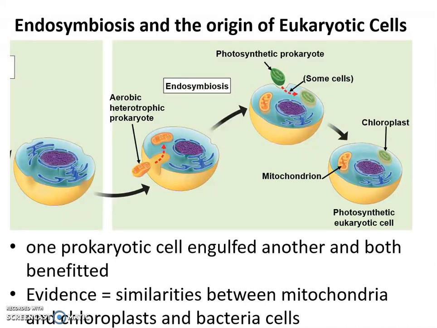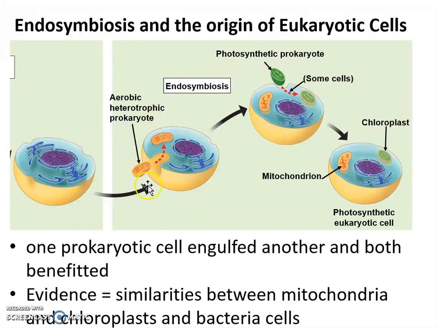And the hypothesis was that somewhere in the past there was a prokaryotic cell that could do electron transport chain and was able to grow aerobically, and this cell was engulfed by a larger prokaryotic cell that had evolved that process of the endomembrane system. And now you get this cell that was living inside of the other cell.